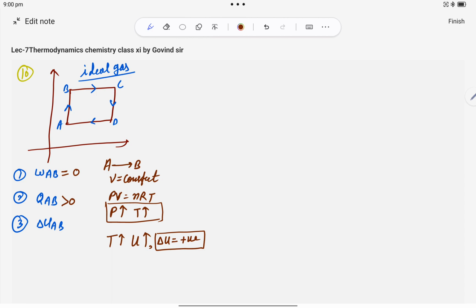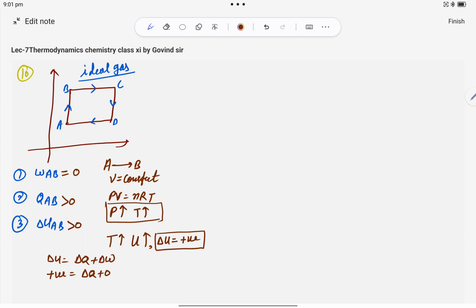Then formula, delta U is equal to delta Q plus delta W. Delta U is positive, think about it. W is equal to 0 for this process, so delta Q is also positive, so this is also greater than 0.